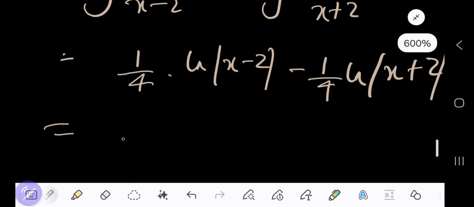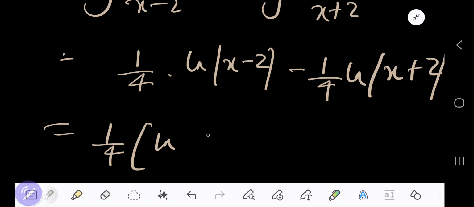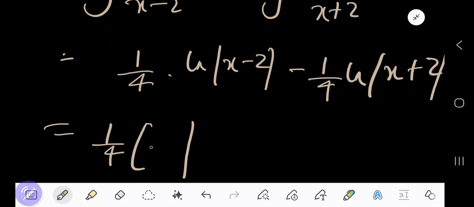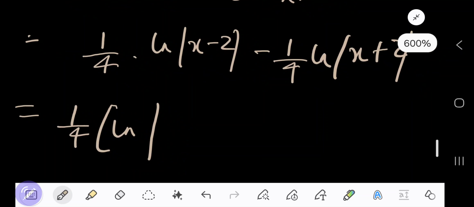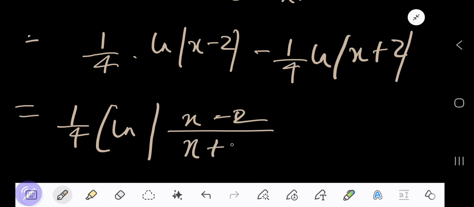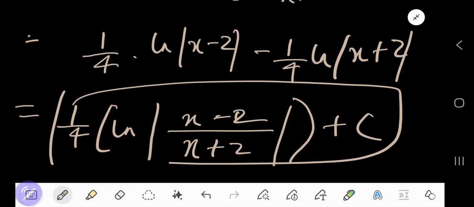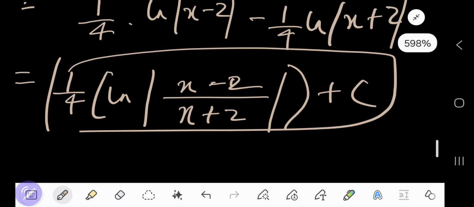So your final answer should turn out to be, after you take everything common, 1 by 4 ln of absolute value x minus 2 by x plus 2 plus c. And that's your answer.